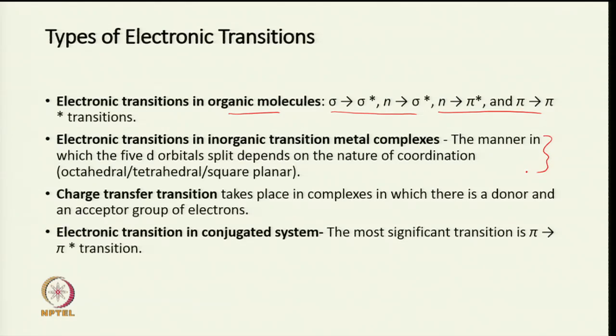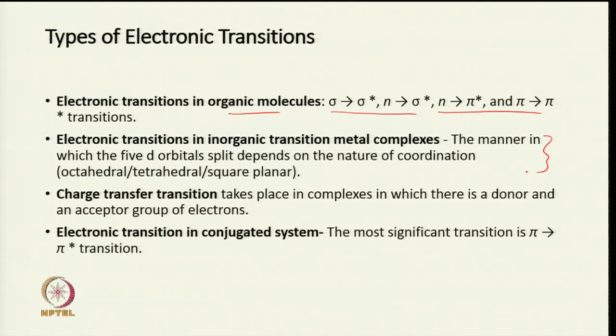Charge transfer transitions are also electronic transitions. They happen in the UV-vis region, and take place in complexes in which there is a donor and an acceptor group of electrons. I will discuss it later.